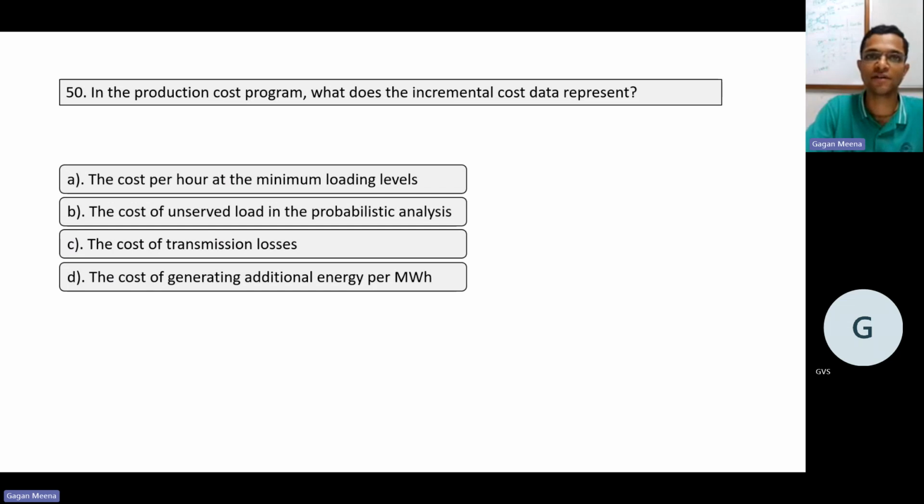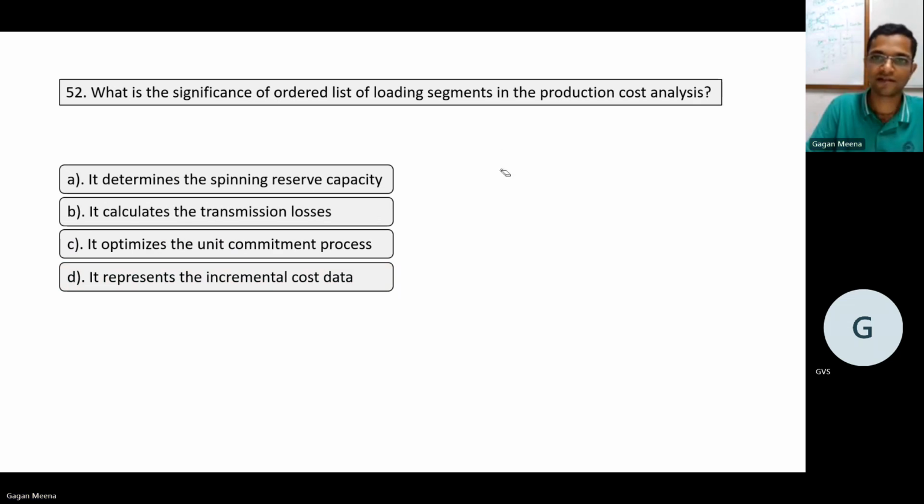In the production cost program, what does the incremental cost data represent? This is what will be the cost for the incremental unit, the cost of generating additional energy per megawatt hour. This is the same as that lambda, incremental cost, delta F by delta P.